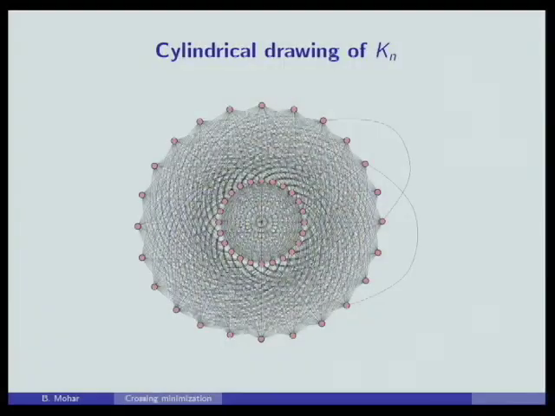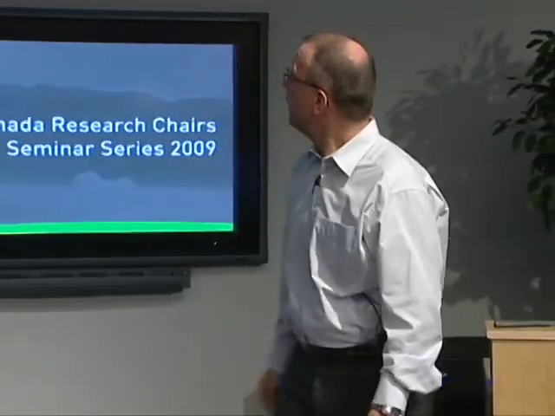You don't go with an edge all the way around, but you choose the shorter direction. So here is the second part of the drawing. I've drawn all the edges in between, and I won't bother you with the outside edges. That will be too messy a picture. And this is conjectured to be the best drawing of this graph. This would be K48, and nobody can prove it.